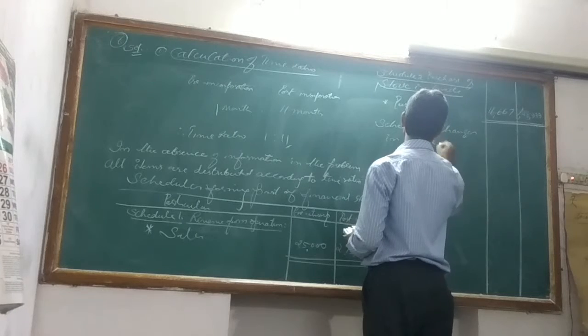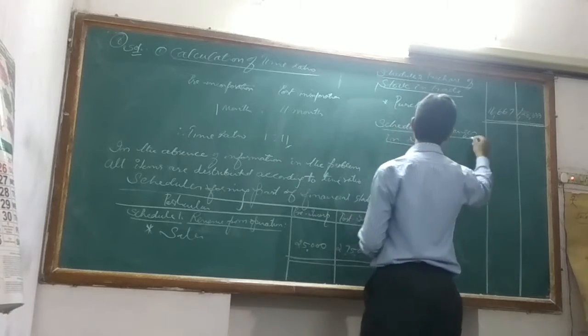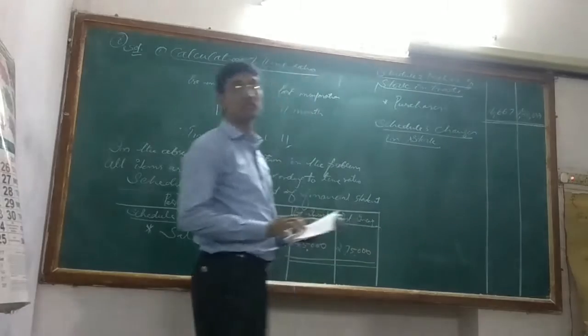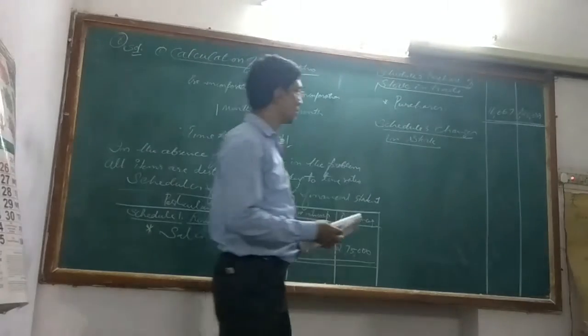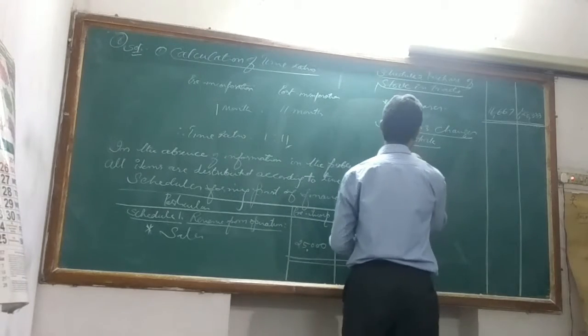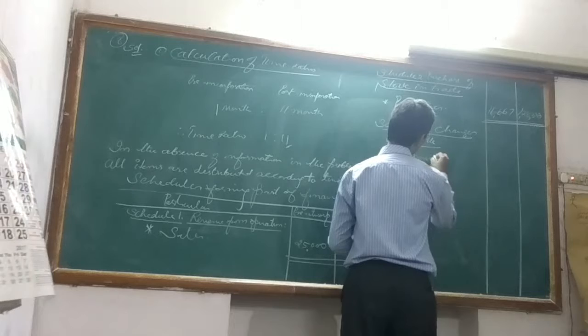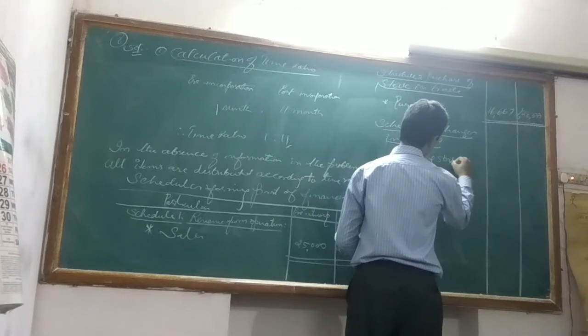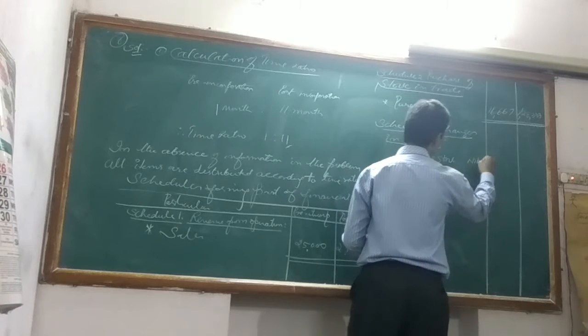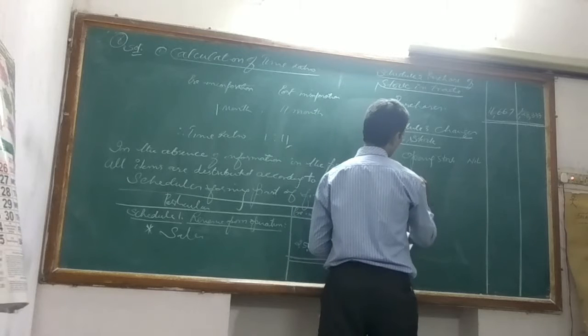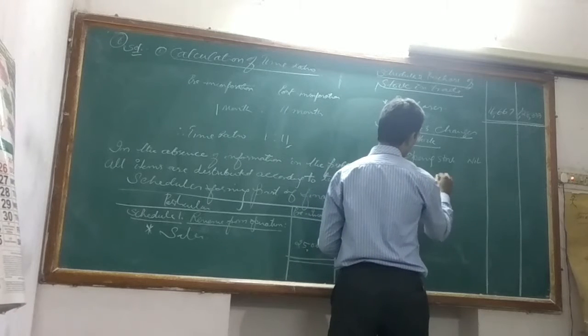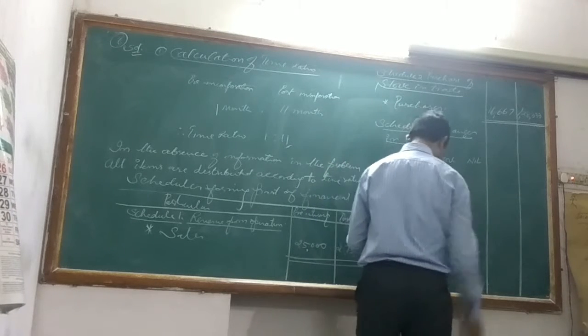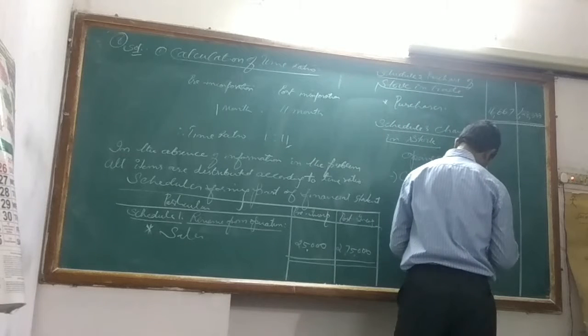You can see here, we don't have any opening stock. Opening stock is nil. But we have closing stock. Closing stock is how much? 22,000.